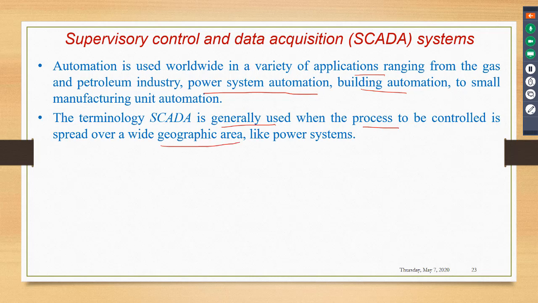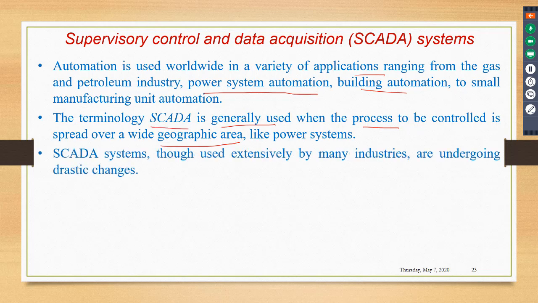That means when we are considering a process which is widely distributed throughout a geographic area, then SCADA plays a very important role. SCADA systems, though used extensively by many industries, are undergoing drastic changes.